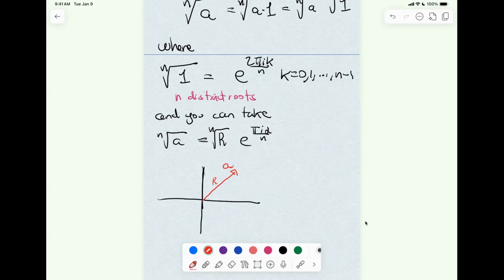You find a single one of these complex roots by dividing the angle by n. So a has an angle alpha, so alpha was the angle of a. So you just find one of these single roots. Let me see if I can write this a little bit better.